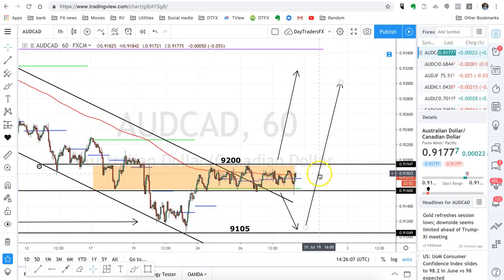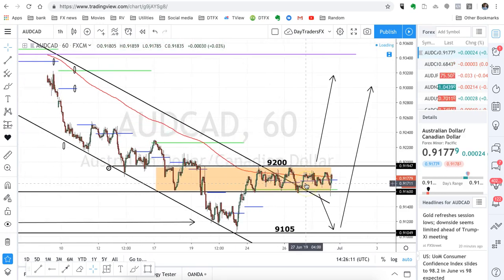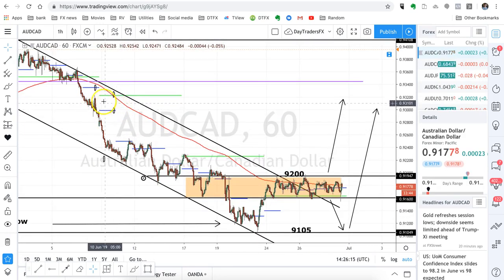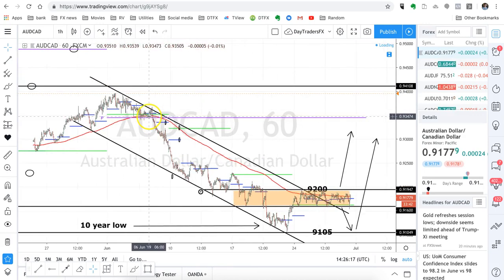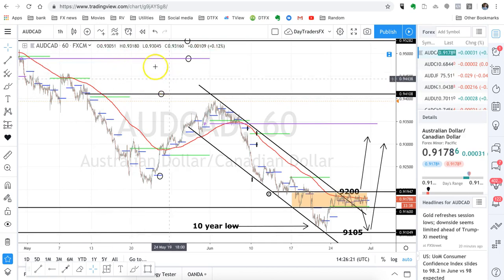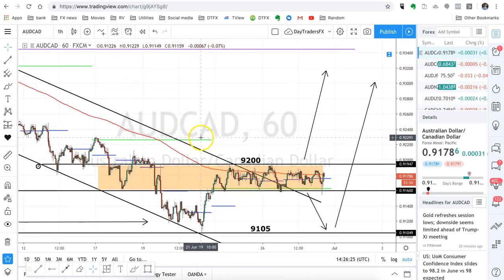Even though the 200 exponential moving average has been hit, we still have targets that have not been hit. Pivot point, pivot point, pivot point, and more back here. These are all great levels and great areas, so we're very optimistic about getting this to make hopefully a 100 pip run for us.